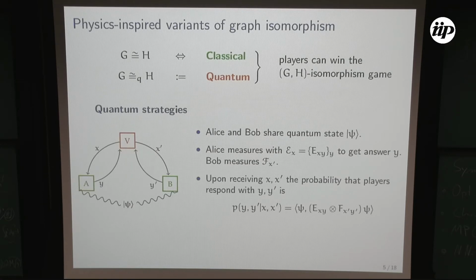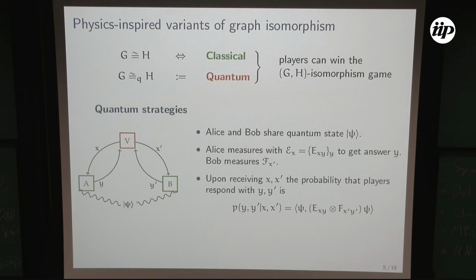Similarly, Bob has some measurement, so sets of these PSD matrices. If Alice and Bob follow this strategy, so they share this state psi, and then they perform these measurements, then we can compute the probability that upon receiving vertices x and x prime, they respond with y and y prime, and it's simply given by this inner product formula. You take this vector psi, and you take the inner product with psi when you have applied this E_xy tensor F_x'y'.